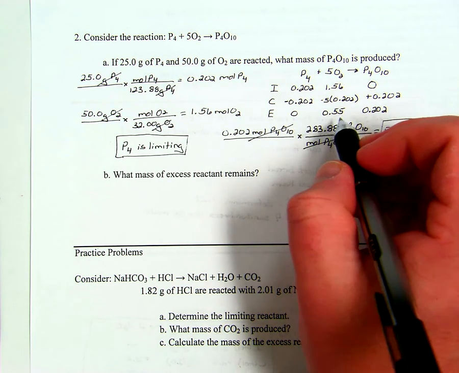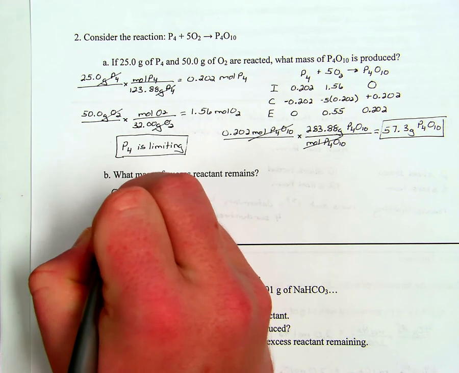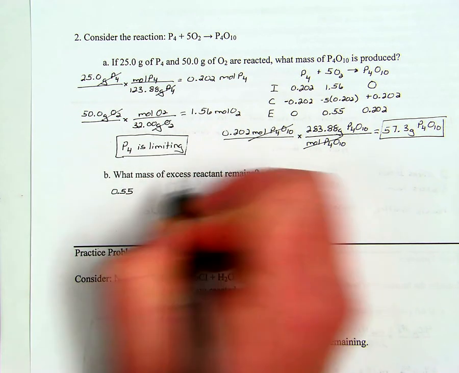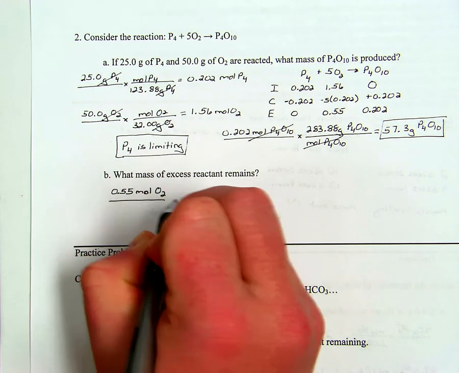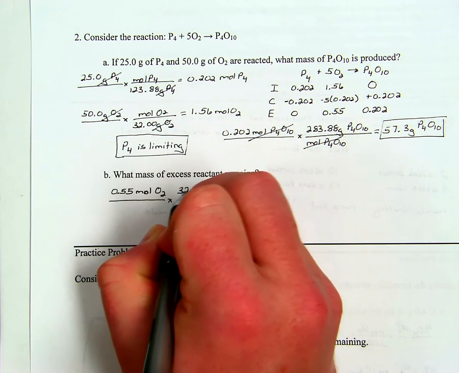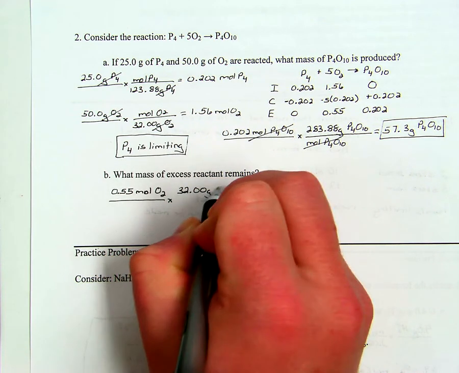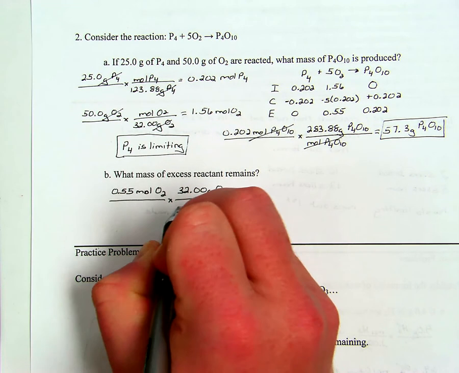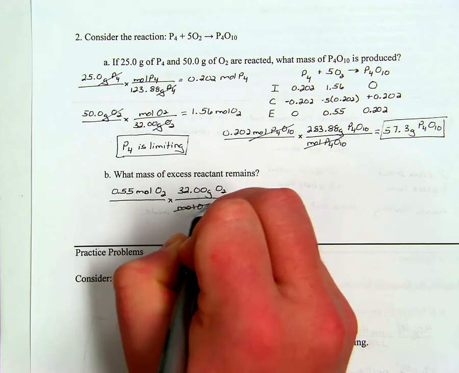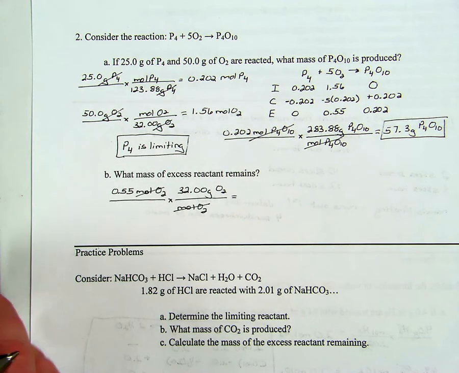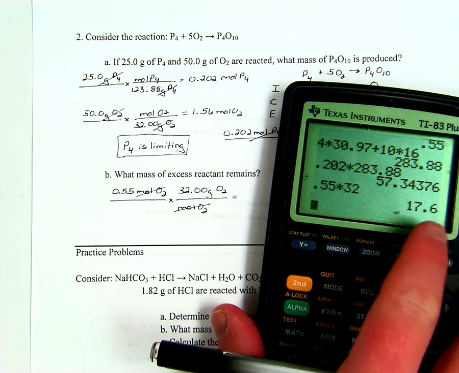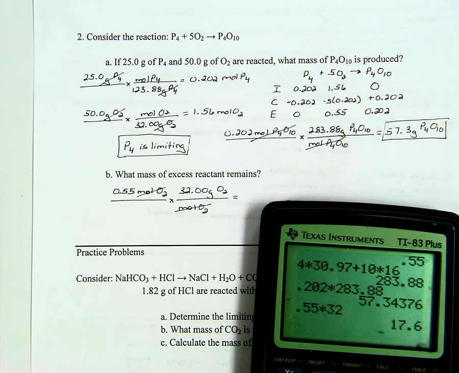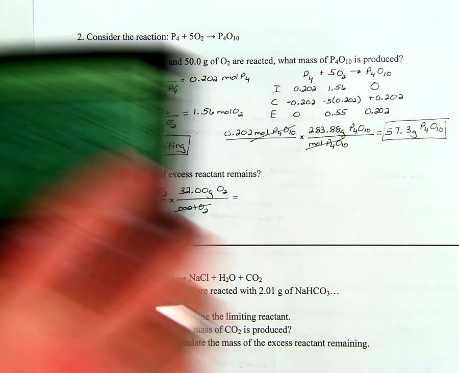I have 0.55 moles of O2, multiplying by the molar mass of O2, 32.00 grams of O2 for every mole of O2. Moles cancel. So we take 0.55 times 32. That is just 2 sig figs there, so I should probably round that to 18 grams of O2 that are left over.